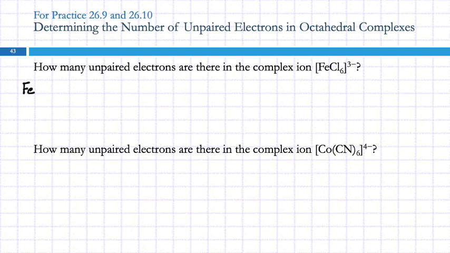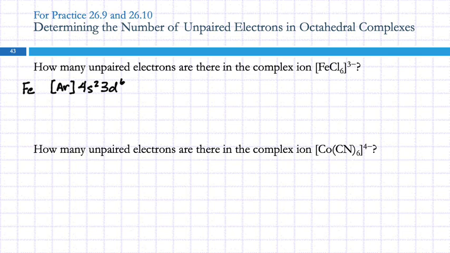Iron is in row 4, so we go up to row 3. That's argon. So we're going to start with the electron configuration of argon, and then read the periodic table to fill in. So 4s2, and then 3d, and we count 1, 2, 3, 4, 5, 6. So that's the electron configuration for an iron atom.